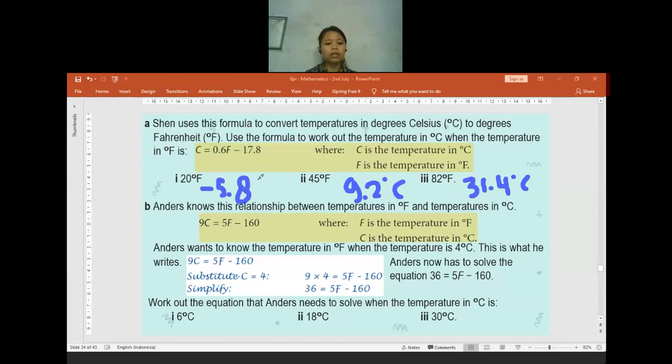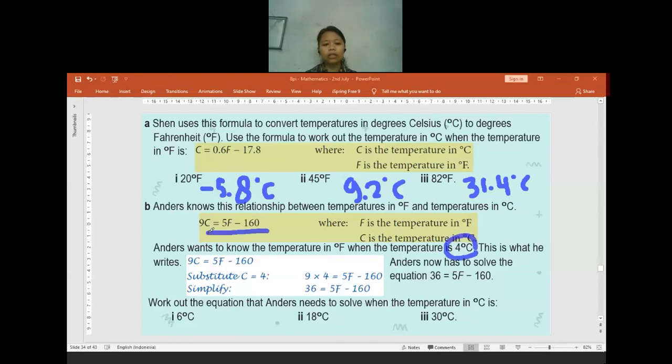Is there anyone who has difficulties in question 10A before I move to question 10B? No one? Okay, let us continue to question 10B. Here we are already given a formula: 9C is equal to 5F minus 160. Now we have to find the formula when it is 4 degrees Celsius.